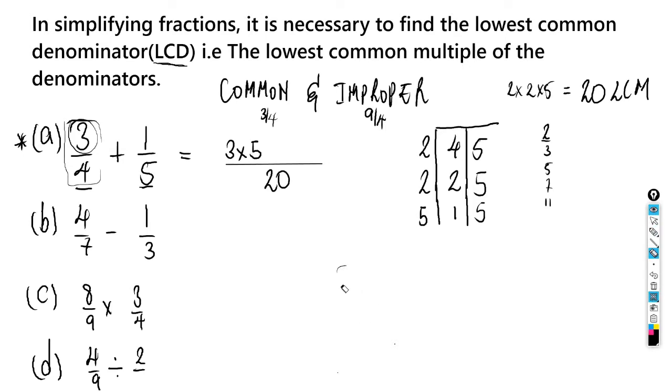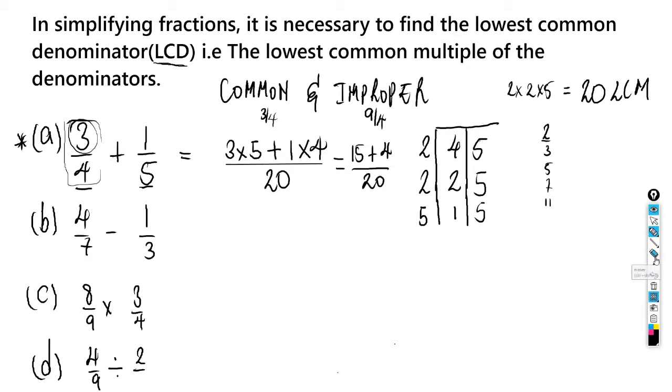And then we're going to add that 3 times 5 to the 1 over 5, where 5 goes into 20 4 times. So you're going to end up with plus 1 multiplied by 4. Okay? All right, guys. So we're going to end up with 15 plus 4 over 20.